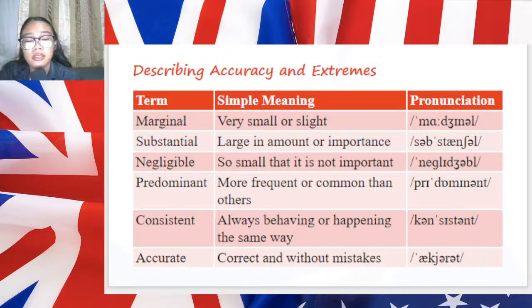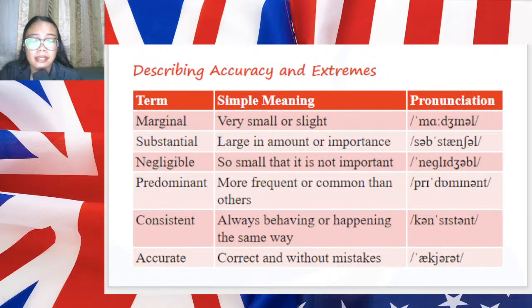Then the second syllable is dom, which has a short o vowel sound. The third syllable is ih, which is short and unstressed. And lastly, nant, short a vowel sound. We put them together, we get predominant. Dom as the stressed syllable.